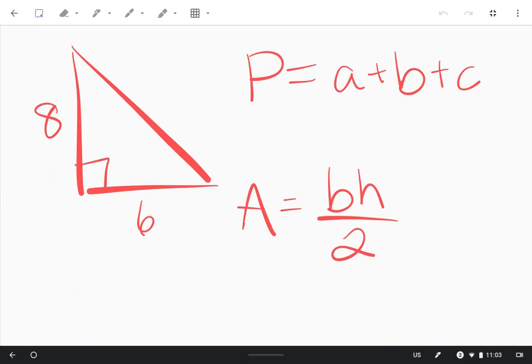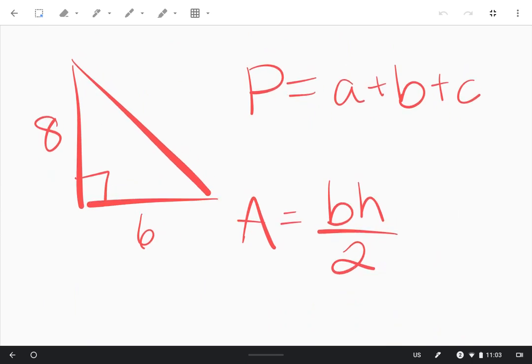All right. So in a triangle problem like this, you know the A value and the B value. A equals 8, B equals 6. Those are the legs. But the C you don't know. And so that's why in the example, it says to use the Pythagorean theorem to find the C value, because we need the C value to find the perimeter.